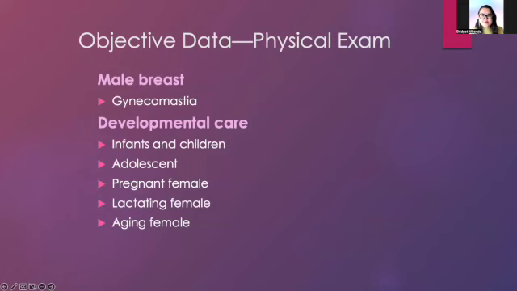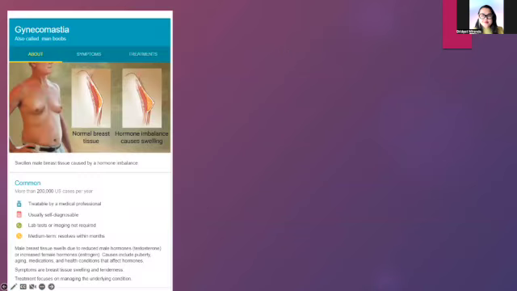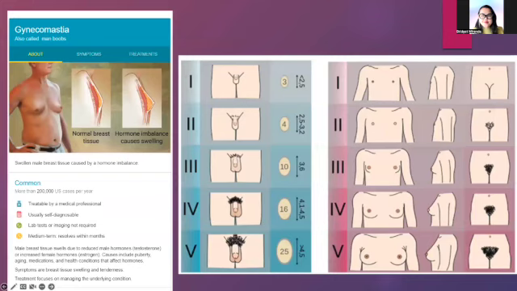Note the differences in pregnant, lactating, and aging females, which we've already discussed in previous slides. Lastly, reminding you to use your Tanner staging to help with your charting to best describe how the breast development is occurring with your patient.